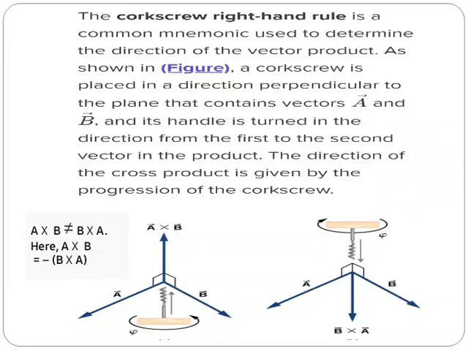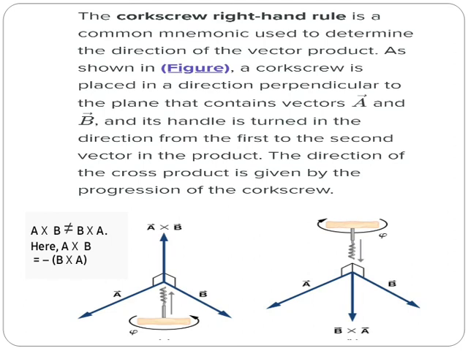For your additional knowledge, you should bear in mind there is one very important rule which is called the corkscrew right hand rule, used to determine the direction of the vector product.